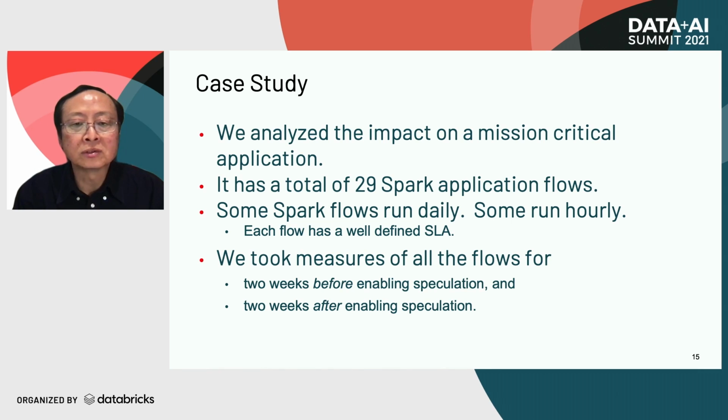It has a total of 29 Spark application flows. Some Spark flows run daily, some Spark flows run hourly, and each flow has a well-defined SLA, service level agreement. And we took measures of all the flows for 2 weeks before and 2 weeks after we enabled speculation.